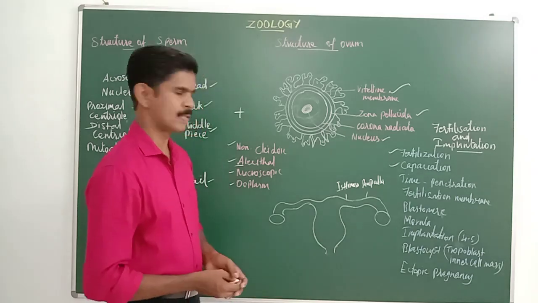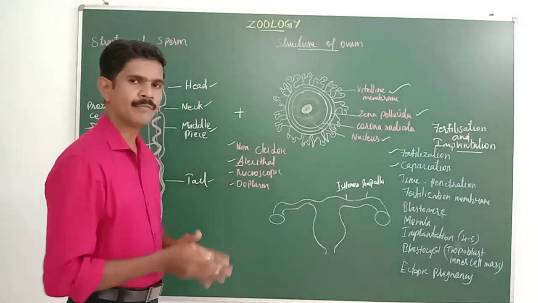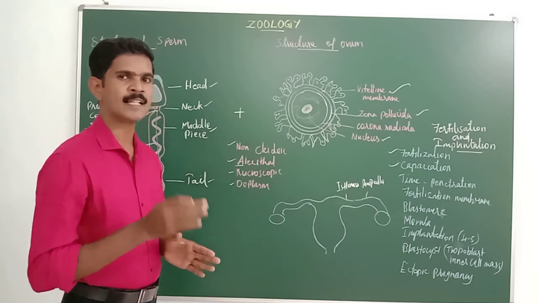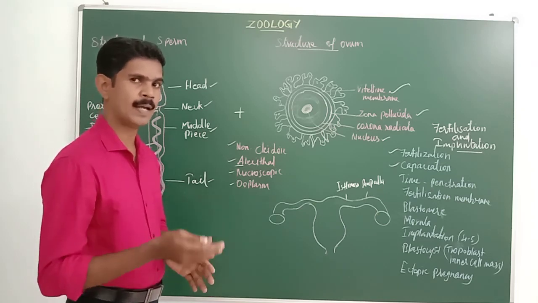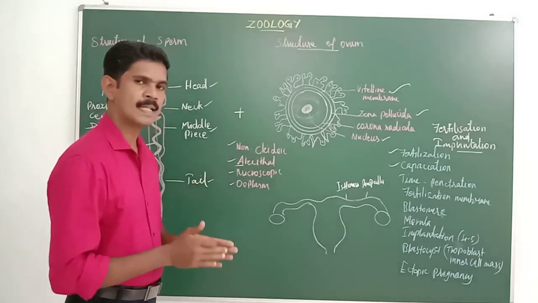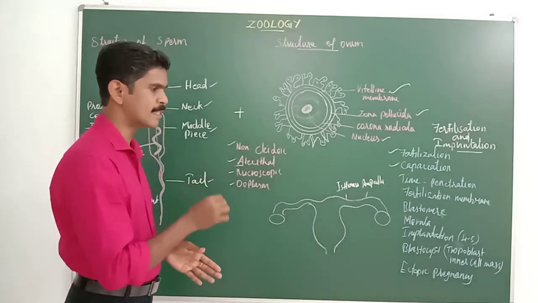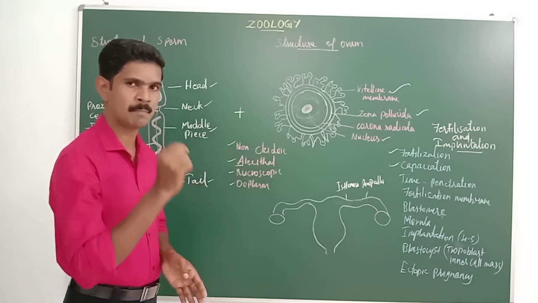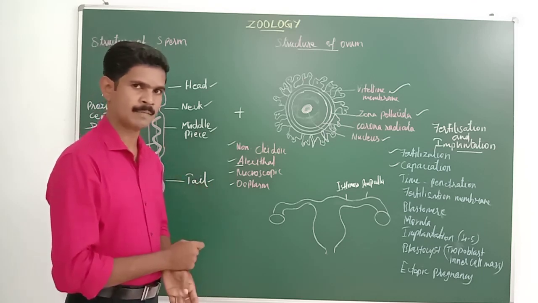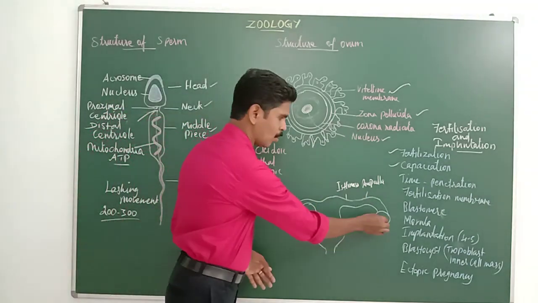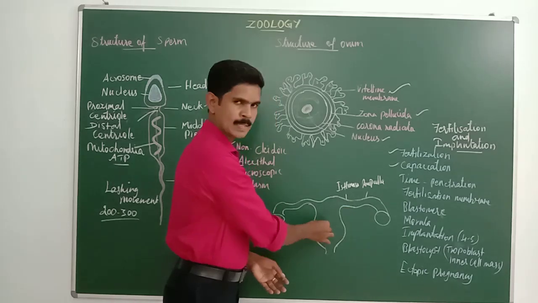Understand? Then the next point, listen very carefully. For effective fertilization, both the egg and the sperm, the male gamete and the female gamete, should reach the junction of the isthmus and ampulla region of the fallopian tube simultaneously. See, this is the female reproductive system: ovary, fallopian tube, uterus.